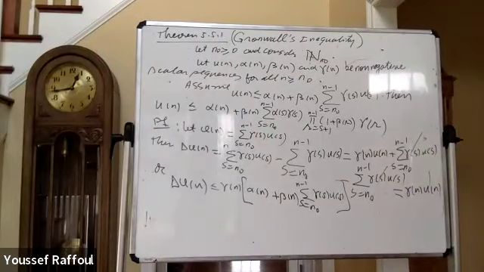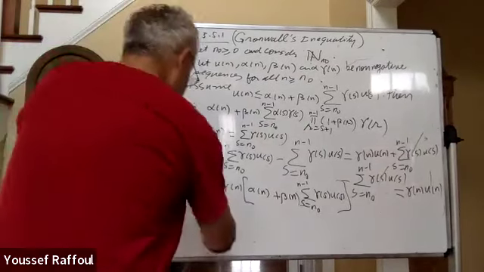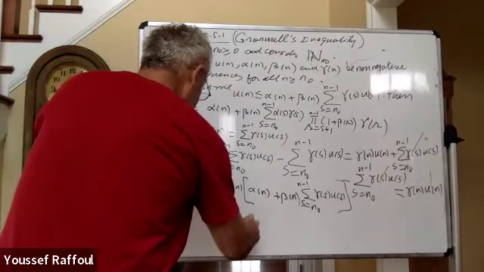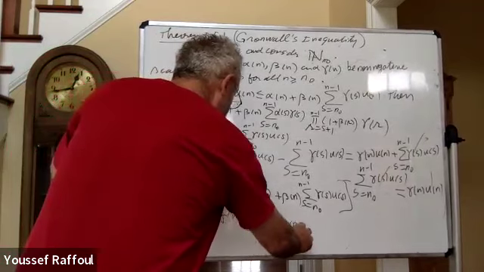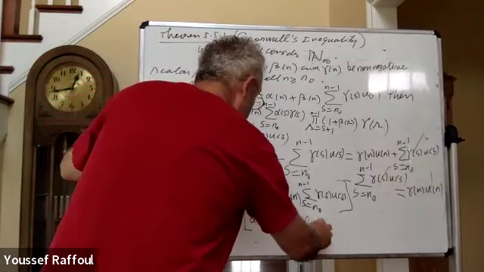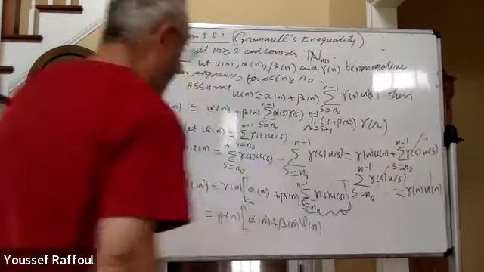Okay? And that is gamma n, alpha n plus beta n phi n, because this one is phi n.